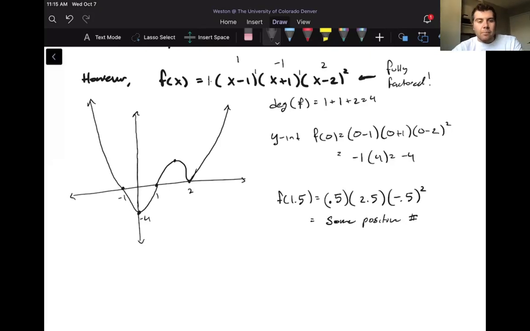And so this isn't a perfect sketch of the graph, but we can check it with Desmos and get an idea of if it was actually a good sketch or not. So let's do that right now.